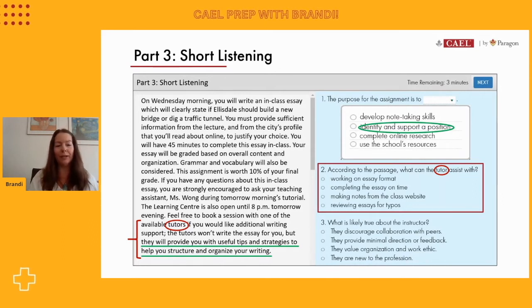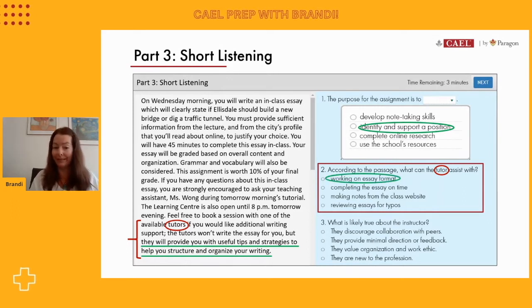We don't see the words structure and organize writing in those 4 answer choices. Instead, what I'm noticing in answer choice A, it's talking about the essay format. So the format of the essay is the same thing as the structure of the essay. Those 2 words are synonyms in a way. They're paraphrased ideas. So it looks to me like answer choice A is indeed correct.